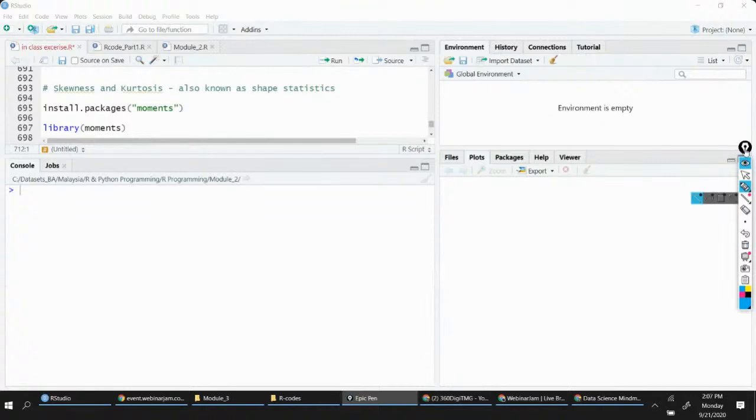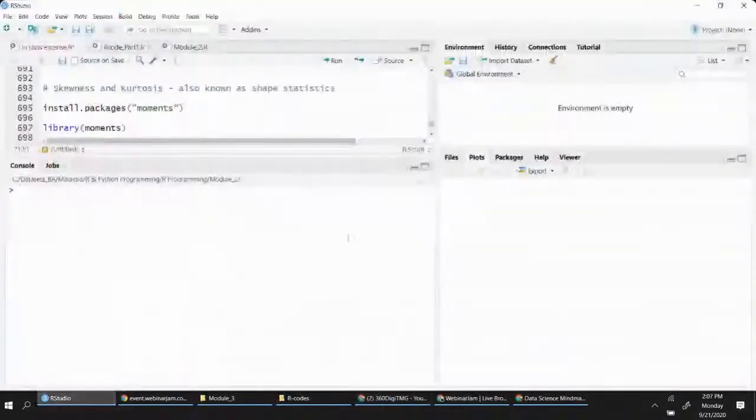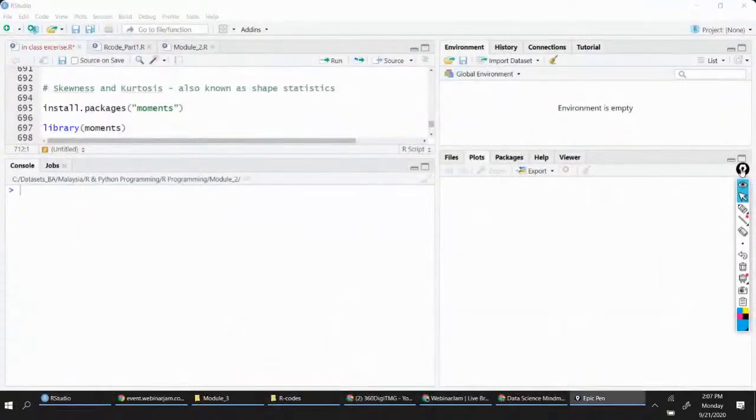So you're talking about R programming, right? When you talk about R programming, we need to look at the capabilities of R. It's a functional oriented programming language. It's open source and free, of course.